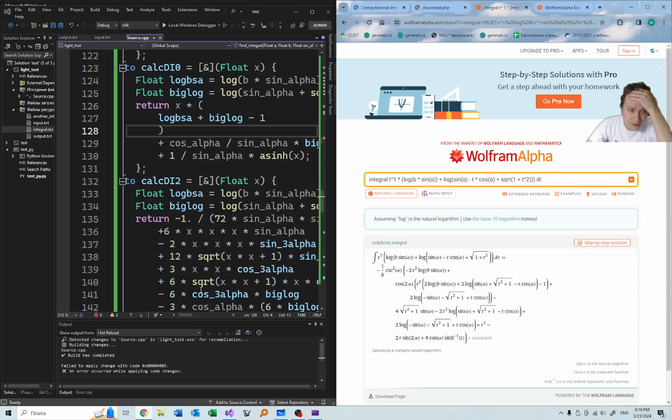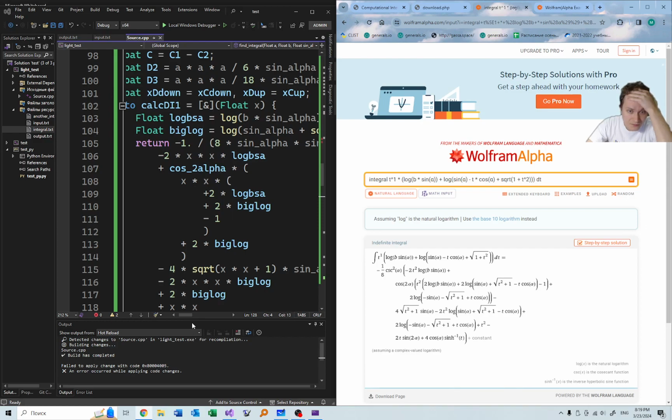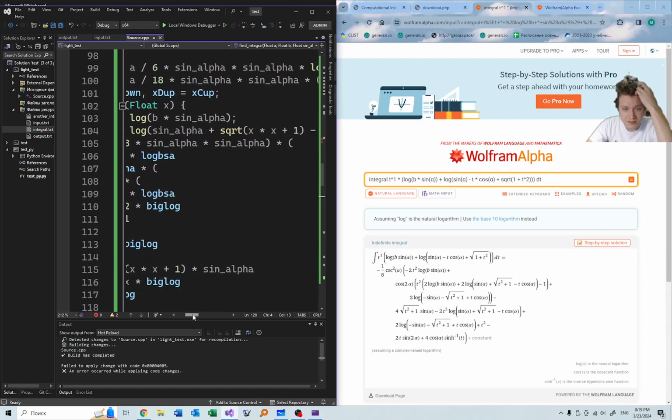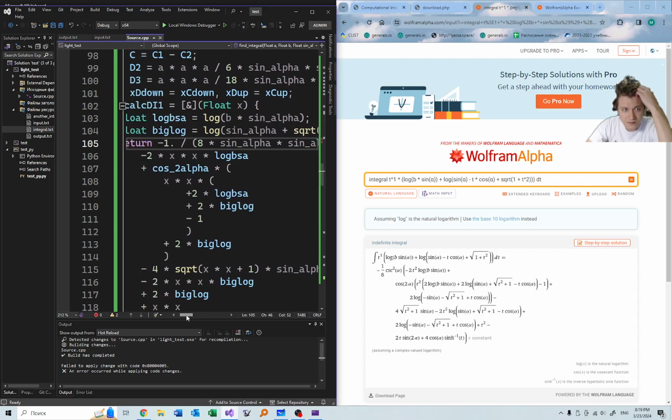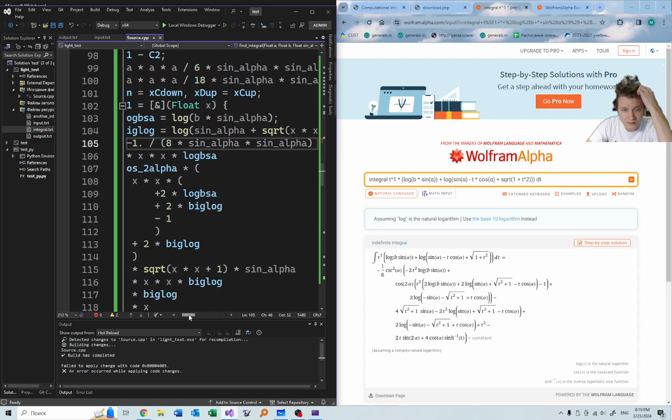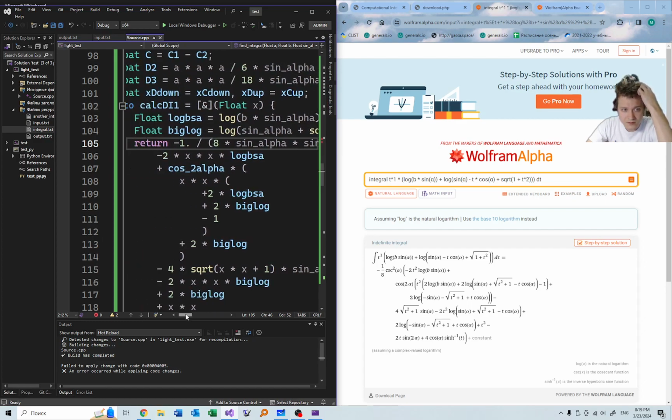T to the first power is equal to minus 1/8 of sine squared alpha times some huge parenthesis. Minus 2t squared log BSA plus cosine of 2 alpha times t squared times two.